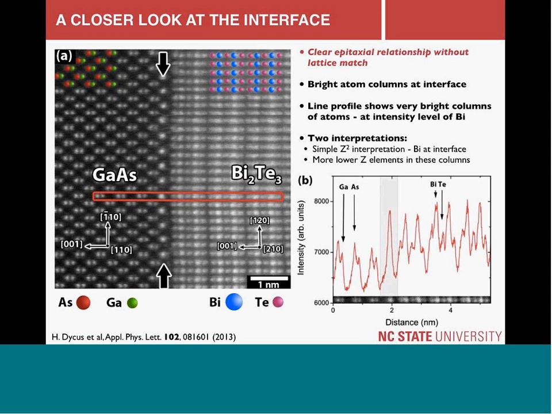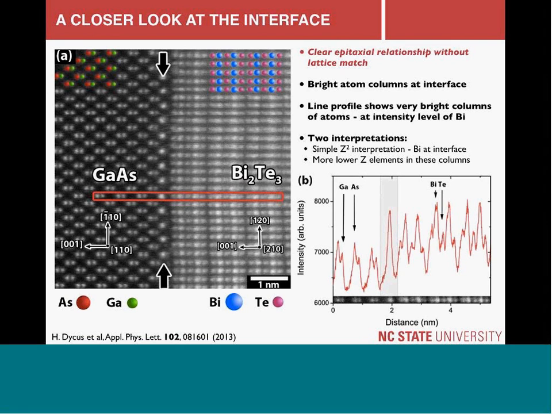Very bright atom columns. Those are brighter than the gallium arsenide. And in fact, you take a line profile across that image, that's just extracting the image intensities across the box. Well, it is bismuth telluride. So that's a bismuth column. That's a bismuth column. That's, I don't know. And you can see it's quite dimmer.